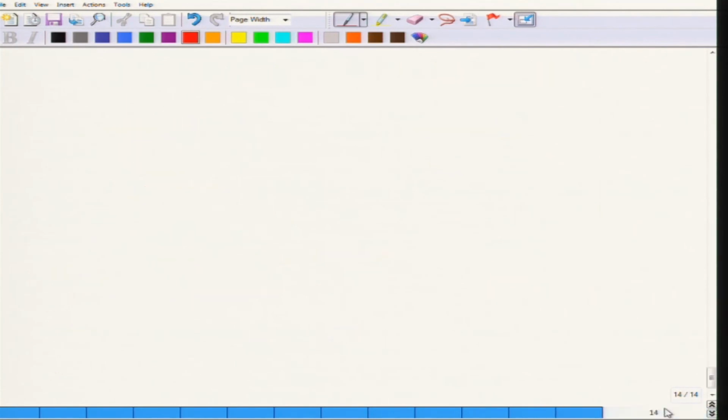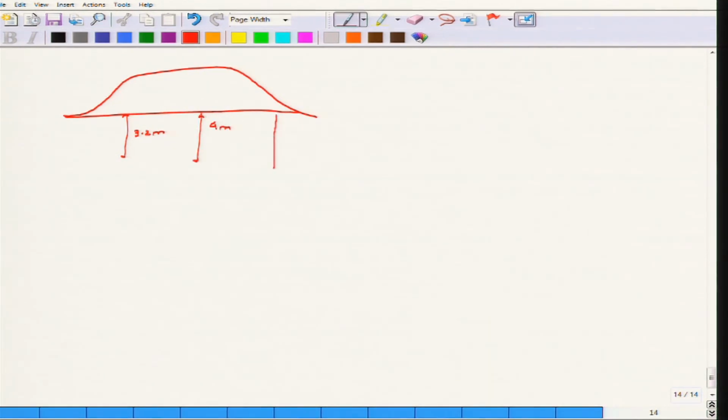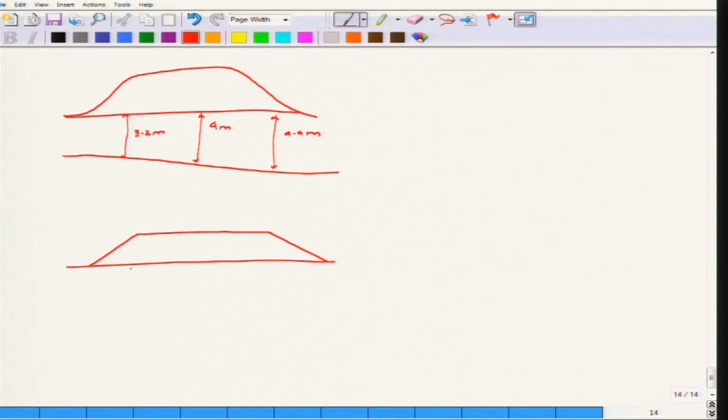So if you consider the soil profile, it's like this actually. At this point the height is 3.2 meter, mid height it is 4 meter, and at this point it is 4.4 meter. So this is how the soil profile looks, and I have approximated it to be like this. I am finding out the stresses at this point and this point.